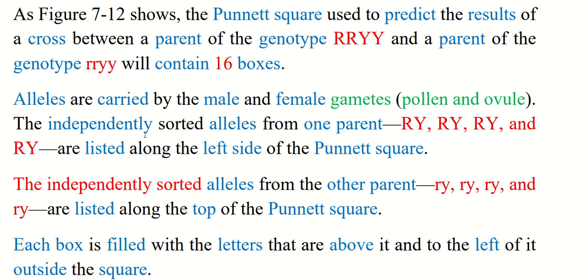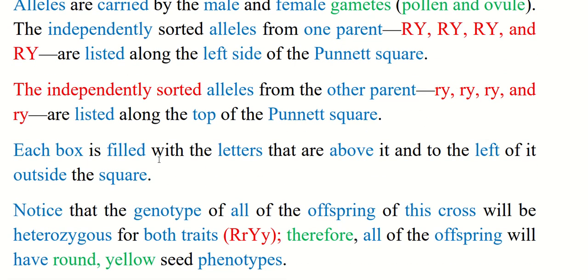Alleles are carried by the male and female gametes, pollen and ovule. The independently assorted alleles from one parent, RY, all of them repeated, are listed along the left side of the Punnett square. The independently assorted alleles from the other parent, ry, all of them ry, are listed along the top of the Punnett square.